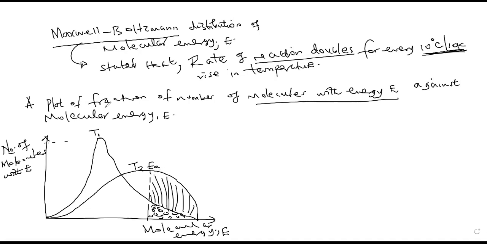So the moment you increase T1 by 10 degrees to T2, you just need to know that at T1, a very large fraction of molecules have energy close to the average energy. Only a small fraction of molecules will have very high or very low energies.